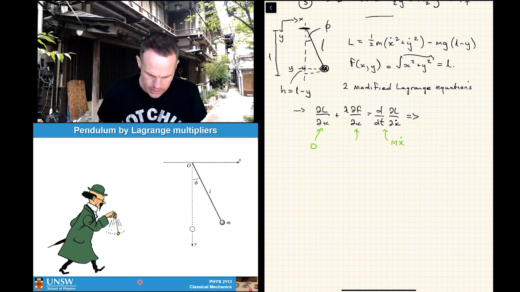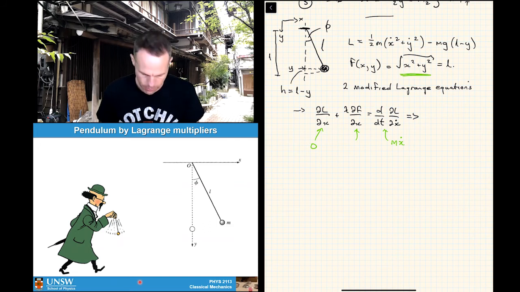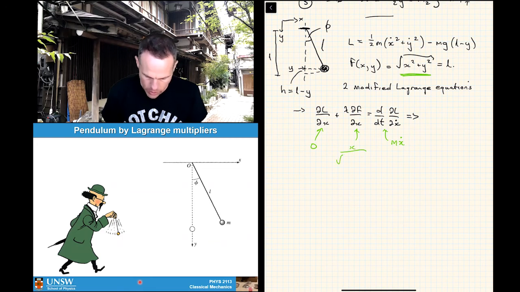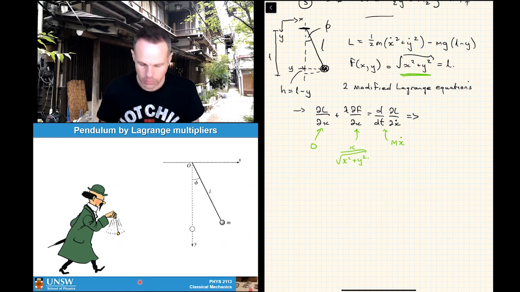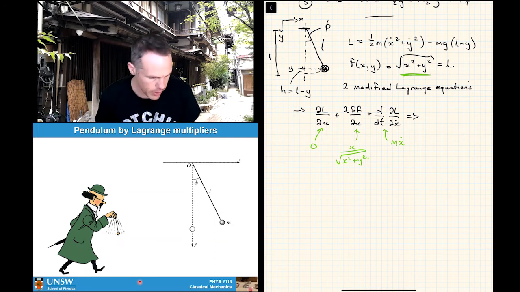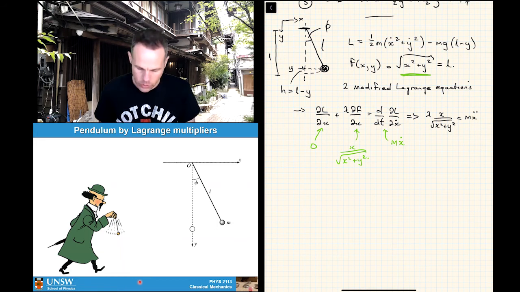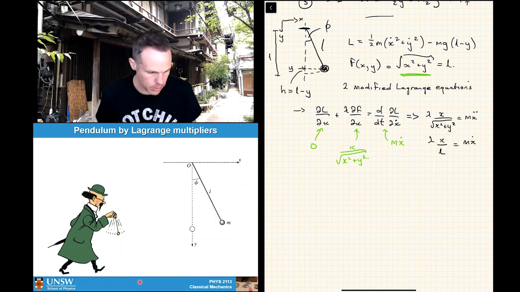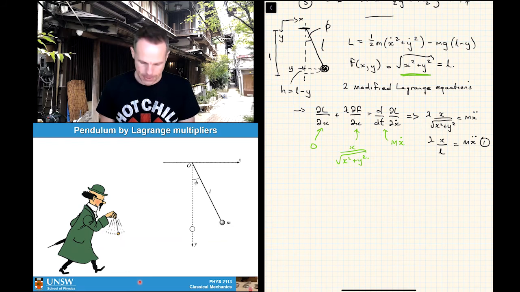And then df on dx is the derivative with respect to x of this thing, which is just x on the square root of x squared plus y squared. I'll let you confirm that for yourself, I'm going to jump straight over that step. So this is lambda x on the square root of x squared plus y squared equal to m x double dot. And of course, x squared plus y squared is just L, so we could write this as lambda x on L is equal to m x double dot. Let's call this equation 1, okay?